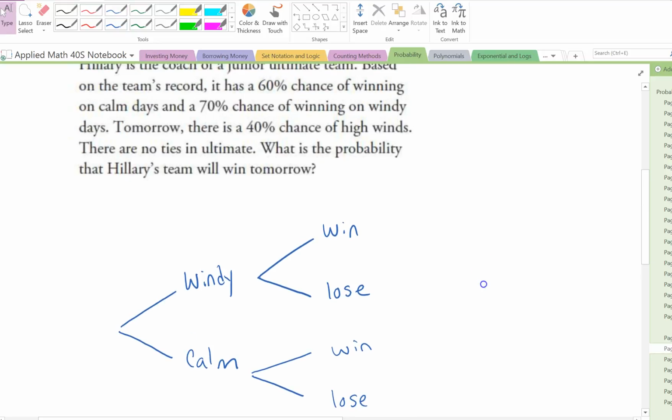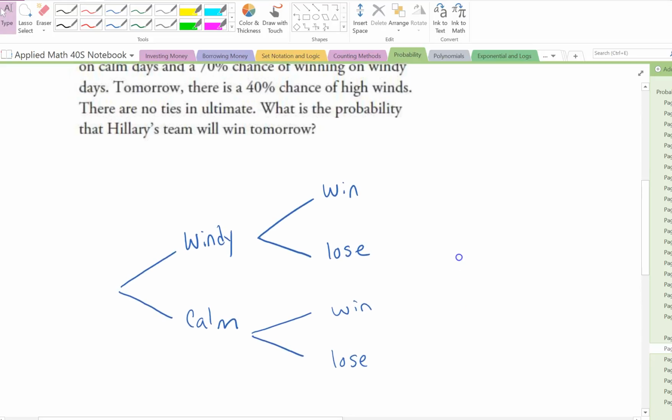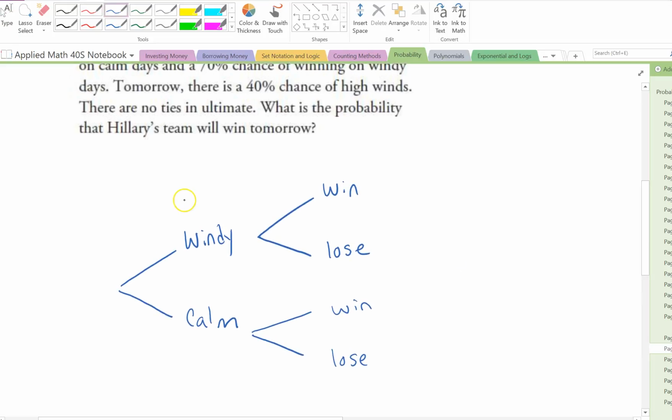Now, according to the data here, it says tomorrow there's a 40% chance of high winds. So that would be a probability of 0.4, or 40 if you want to keep the 40. So then what's the percent or probability of it being calm that day? And that would be 60% or 0.60.